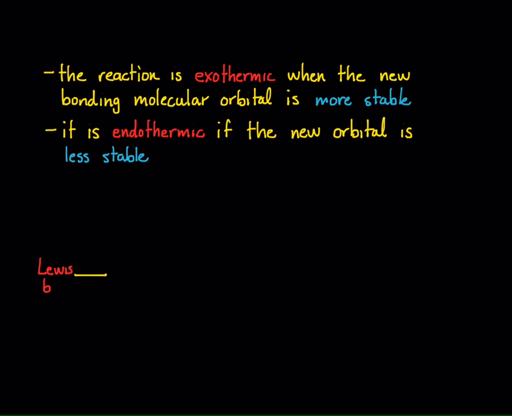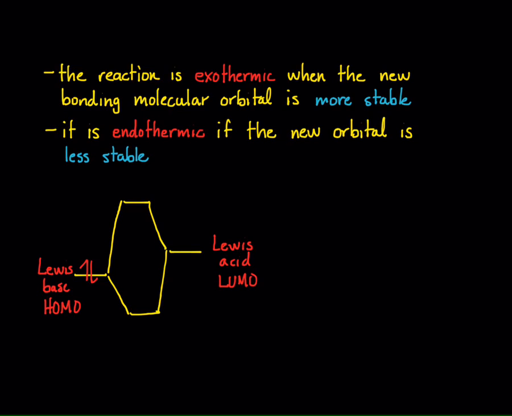So for example, if we think about the molecular orbital picture of it, we have a Lewis base that is the HOMO, right? It's providing the electrons. And then we have the Lewis acid that has the LUMO. It has the lowest unoccupied molecular orbital. So the Lewis base HOMO provides the electrons to the Lewis acid LUMO. They mix. The end result is 2 new molecular orbitals.